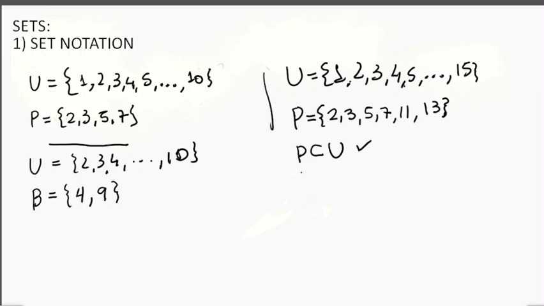So what if I asked you, okay, I've got prime numbers from 2 to 10, which would be the same. It wouldn't change because 1 is not here, right? So what if I ask you, is set B a proper subset of set P? Is B a subset of P?